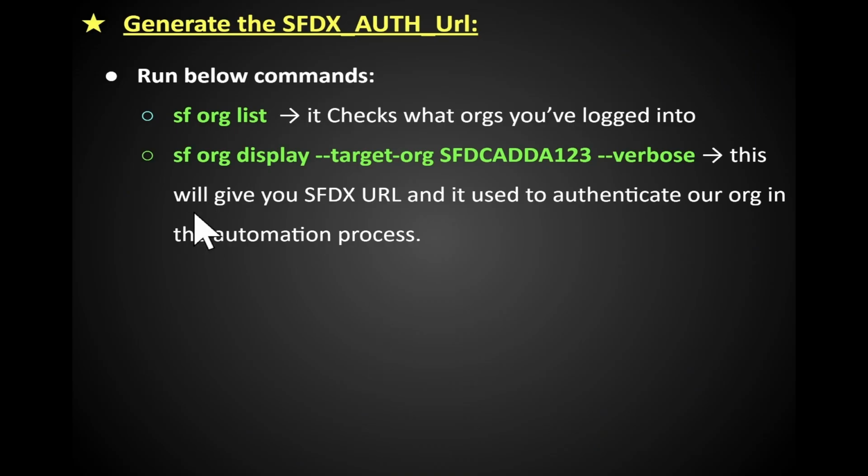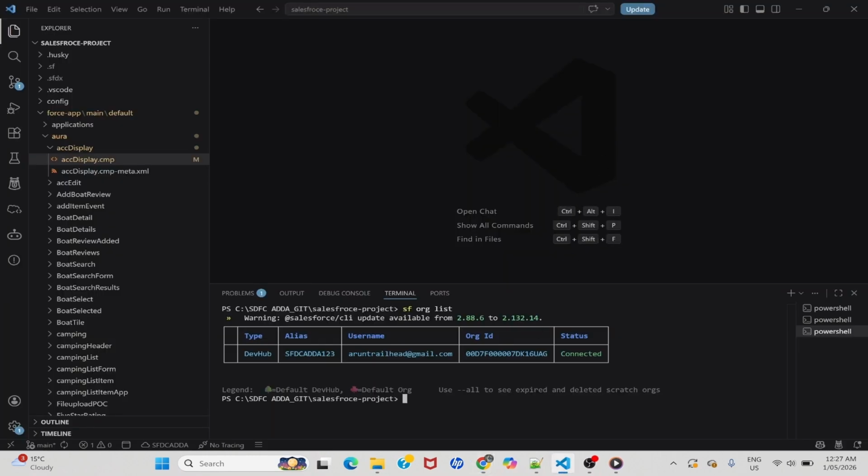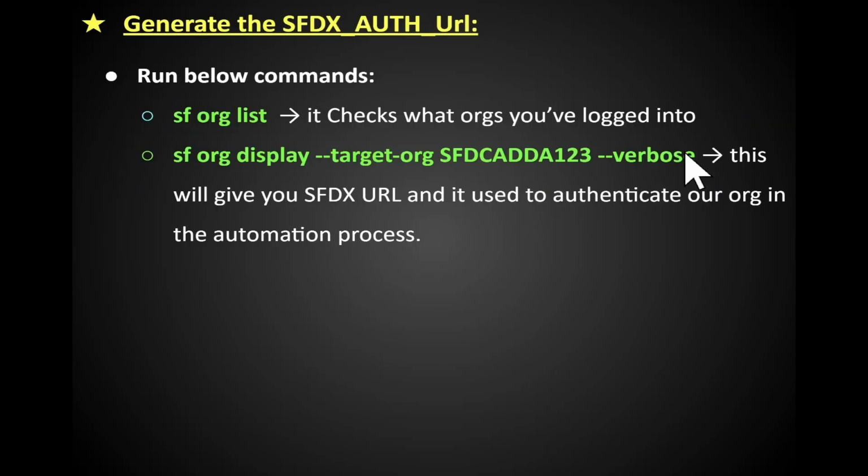Now the second command is sf org display --target-org, and you have to give your alias name. Here you can see my alias name is this. You might have a different alias name for your org, and you can use that, along with --verbose.